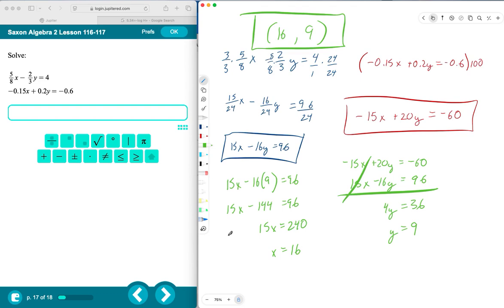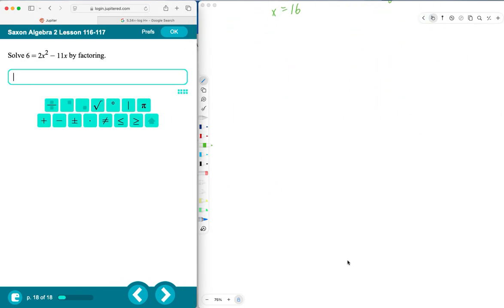Okay. Last problem. Solve by factoring. And this is an equation, so it's easier. So we've got 2x squared minus 11x minus 6 equals 0. I subtracted 6 from both sides, and then I just flipped it so that I would have it on the side I'm used to having it written on.